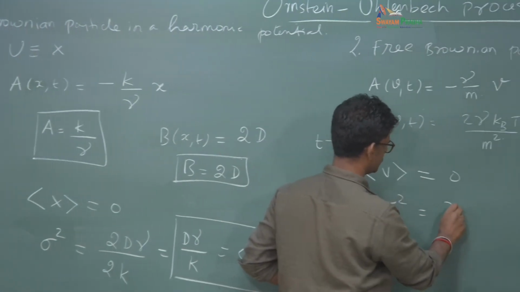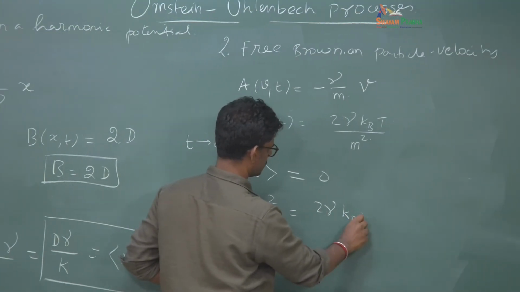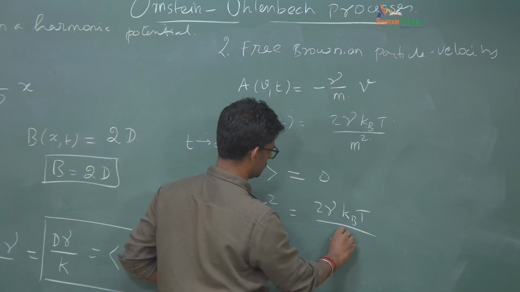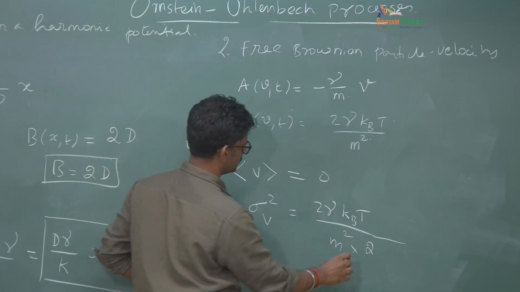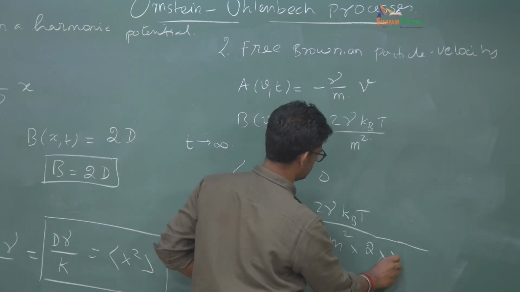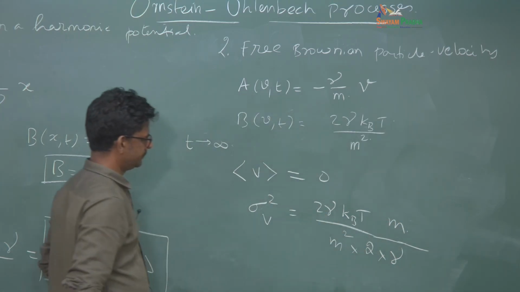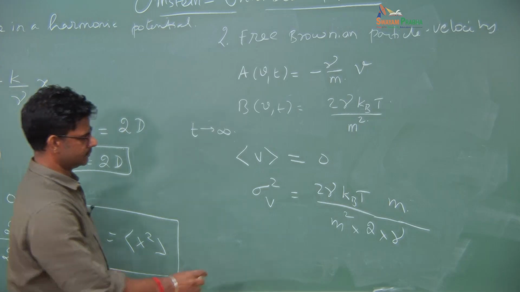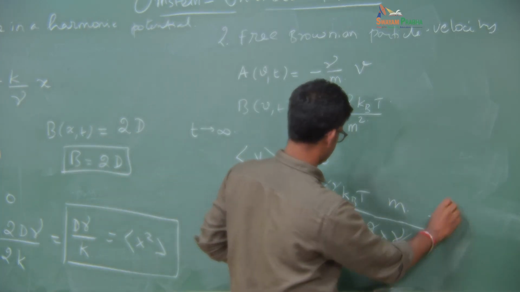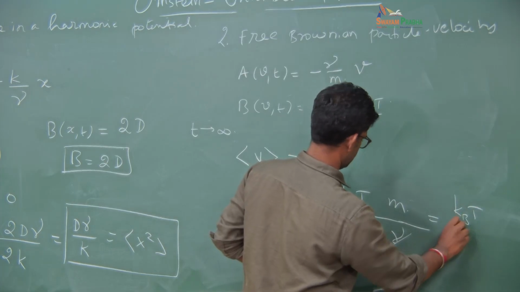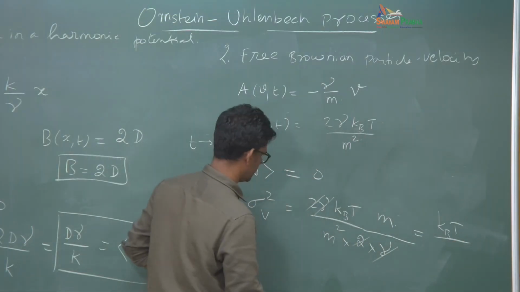B is this, and A is gamma by m. Gamma cancels, you get kT by m.